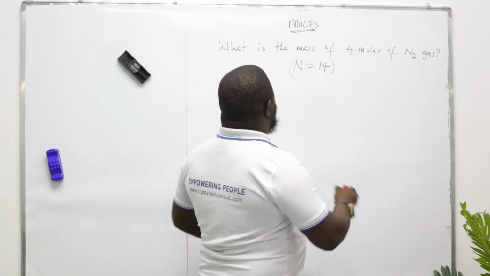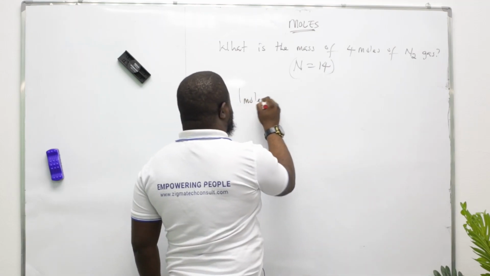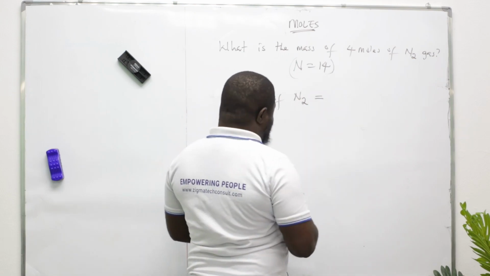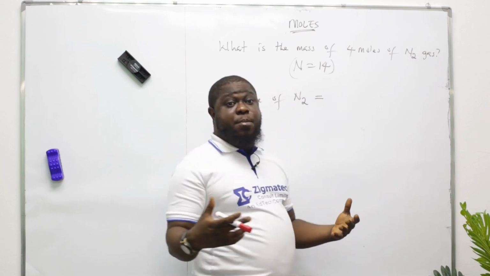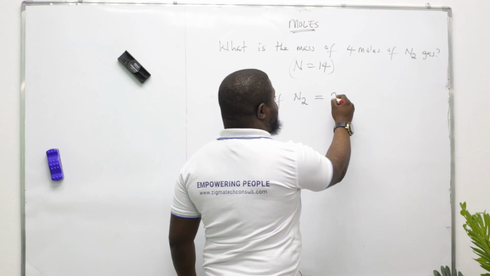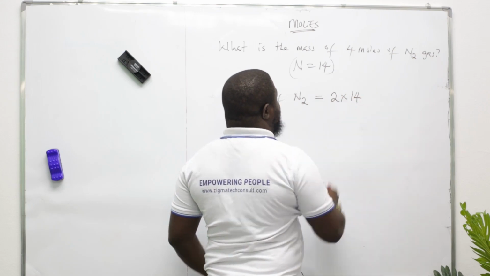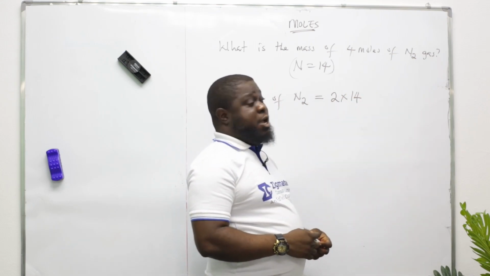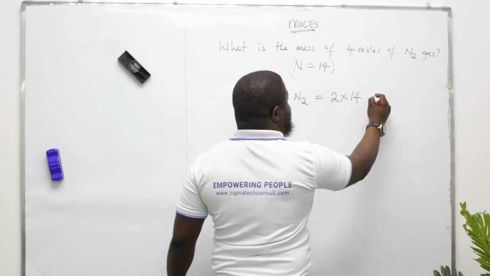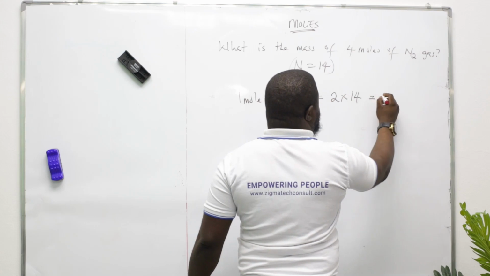Now, in essence, 1 mole of nitrogen gas will be equal to 2, that's the number of particles, times the mass number. So 2 times 14 is 28.